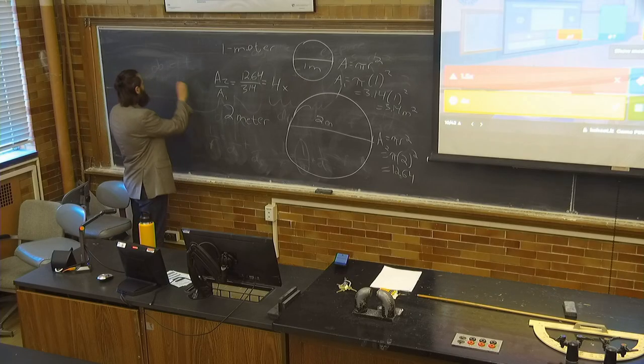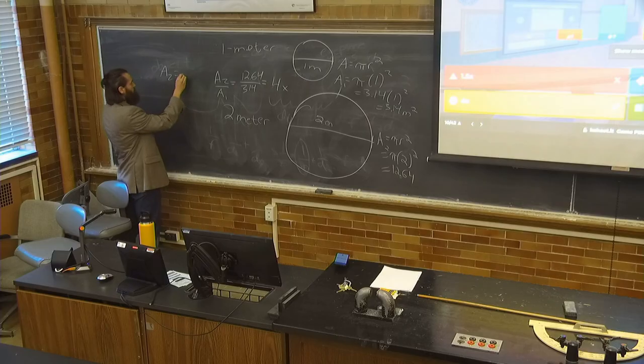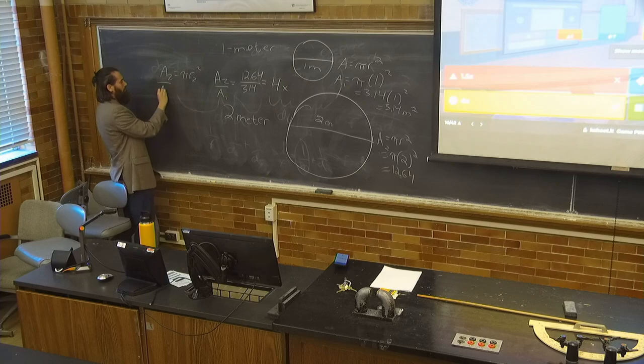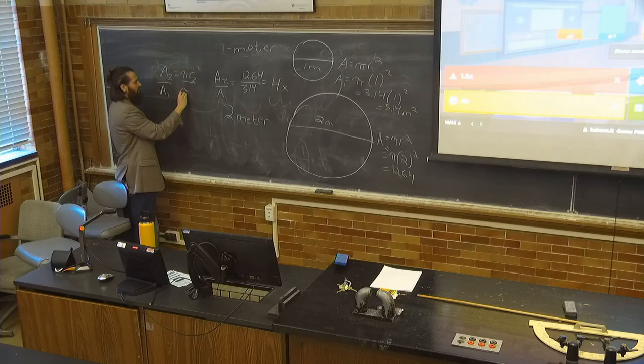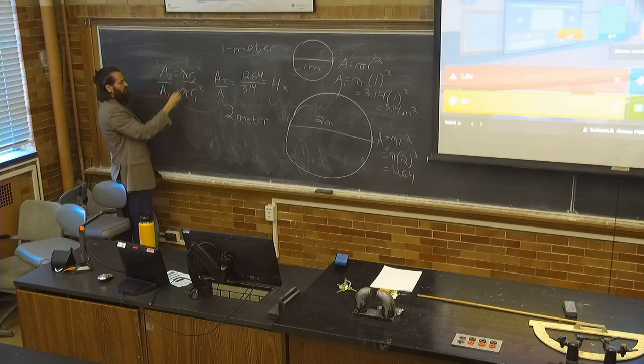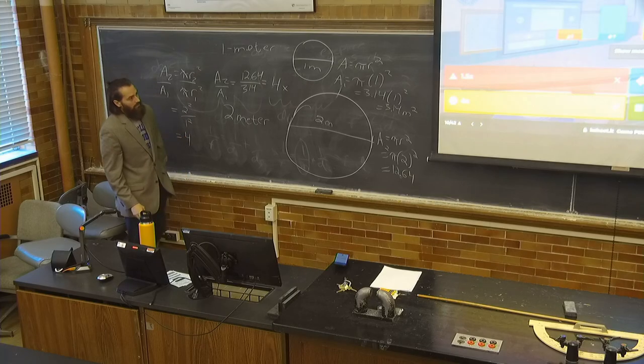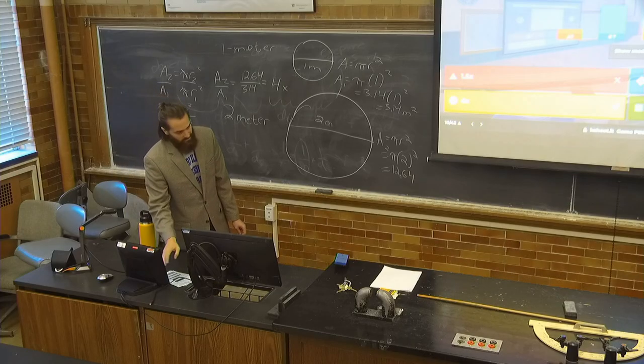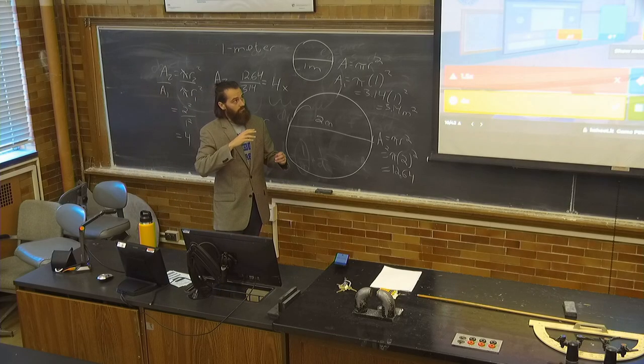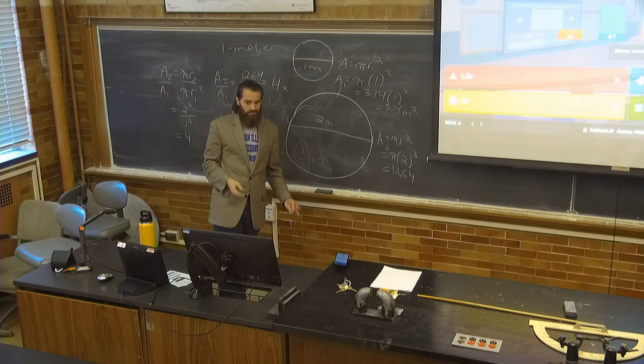The other thing that you could do, if you do everything in variables first, so if I'm doing area 2 divided by area 1, that's pi r squared divided by pi r squared. My pi's cancel, and now I'm just doing 2 squared divided by 1 squared, which is going to give me 4. So the takeaway for this is that doubling the diameter of your telescope will 4 times your collecting area.